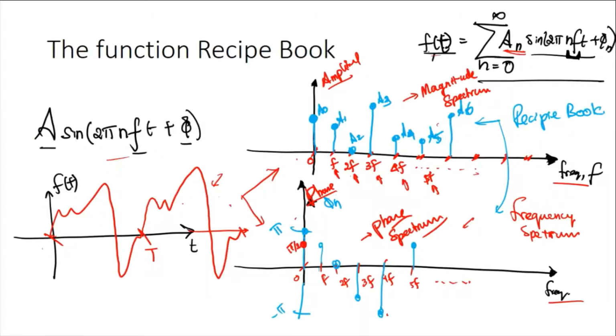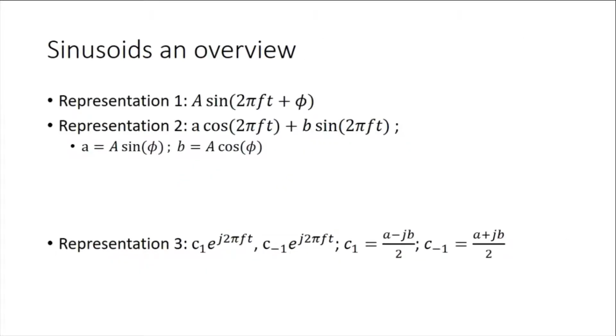Now, that being said, let's look at sine waves in general. As I have written down a couple of times already, you got the first method of representation, which is A times sine of 2 pi times f times t plus phi. So basically this is the frequency. So what if f equals 1? So f equals 1 means it completes one cycle in 1 second.